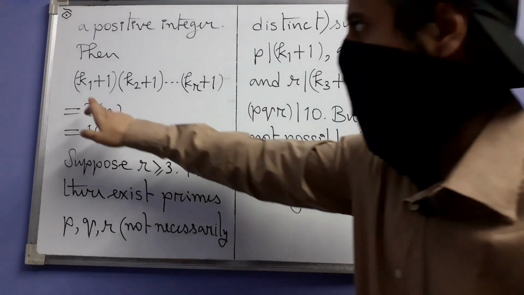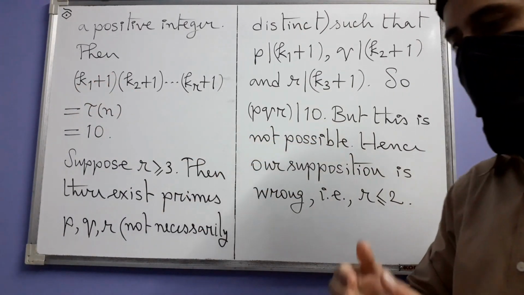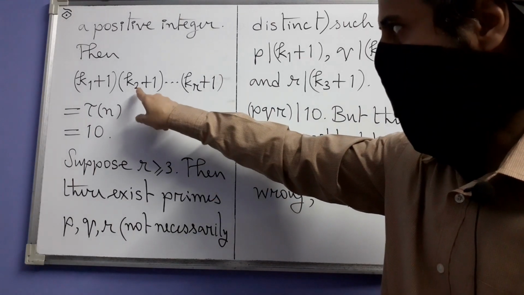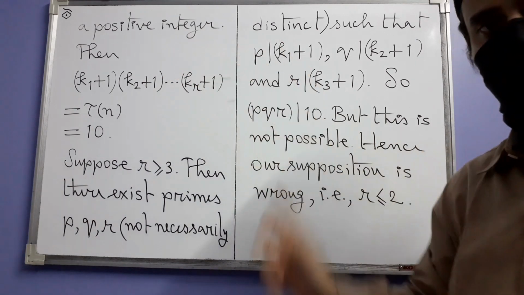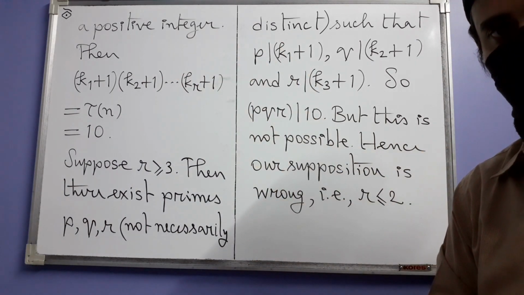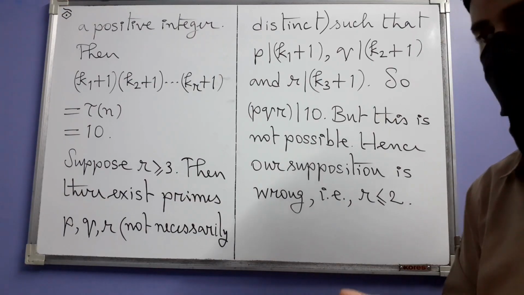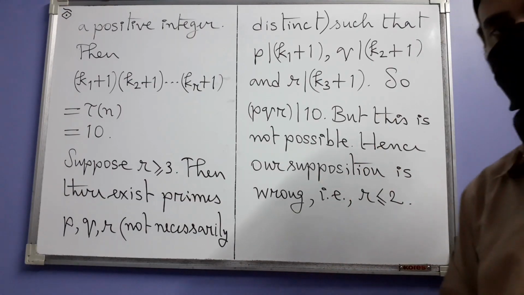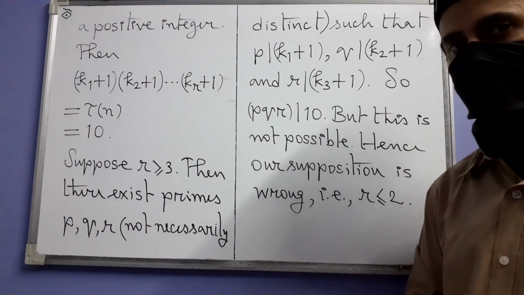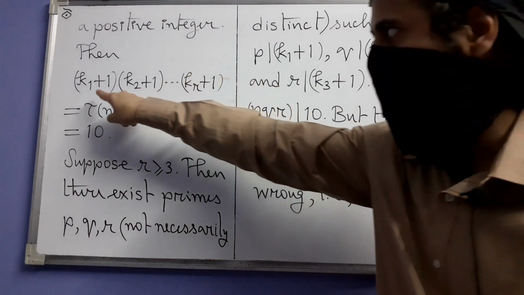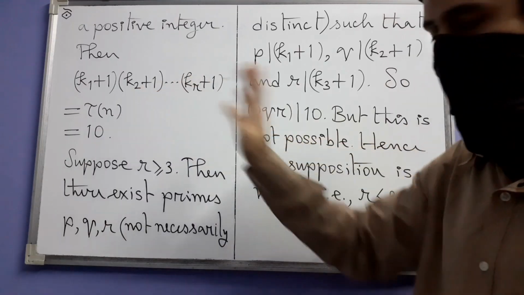And as such, k1 plus 1 is a positive integer greater than 1. And so is k2 plus 1 and so is k3 plus 1. So again, because they are positive integers greater than 1, we can apply the fundamental theorem of arithmetic. Whatever we did with n, now we are doing that with these 3 numbers, k1 plus 1, k2 plus 1 and k3 plus 1.